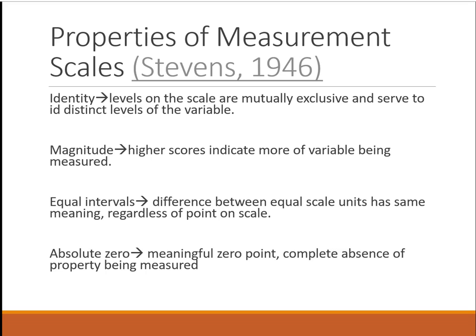So the scales of measurement that Stevens put forward are based on several properties of measurement. One is the identity property of measurement, which basically states that levels on the scale are mutually exclusive and each level represents a distinct level of the variable that's being measured. So most scales will have this.